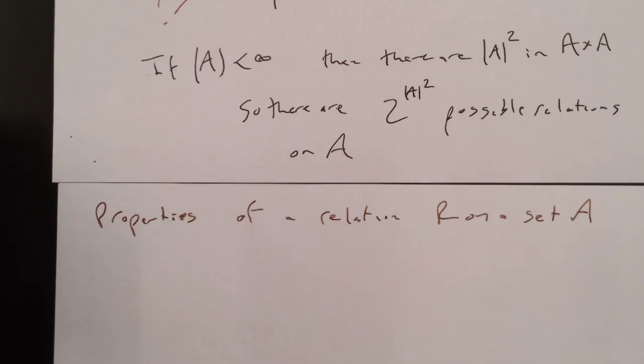I want to know whether or not certain ordered pairs are in my set. I want to know if I have some ordered pairs, do I have others? And these are the properties I want to look at for a relation.